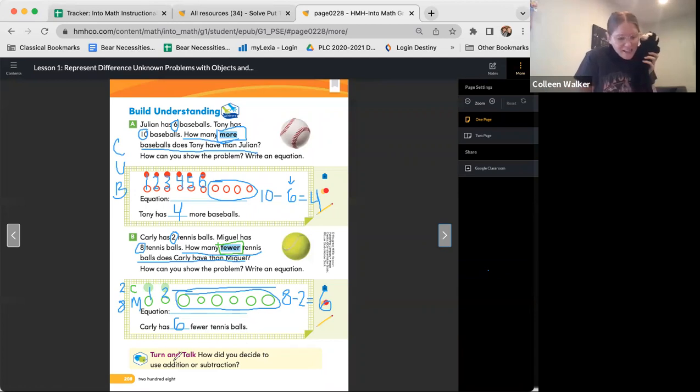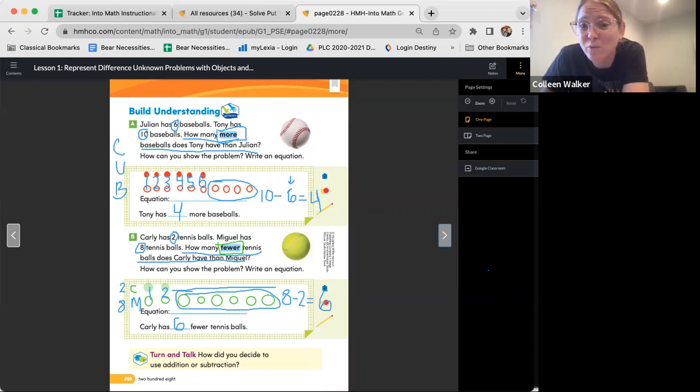Monkey said that he used subtraction in the first problem because Tony has more than Julian. So he was subtracting to figure out how many extra balls Tony had. That was a great explanation. High five. Awesome, Monkey. All right. So let's go ahead and clear.